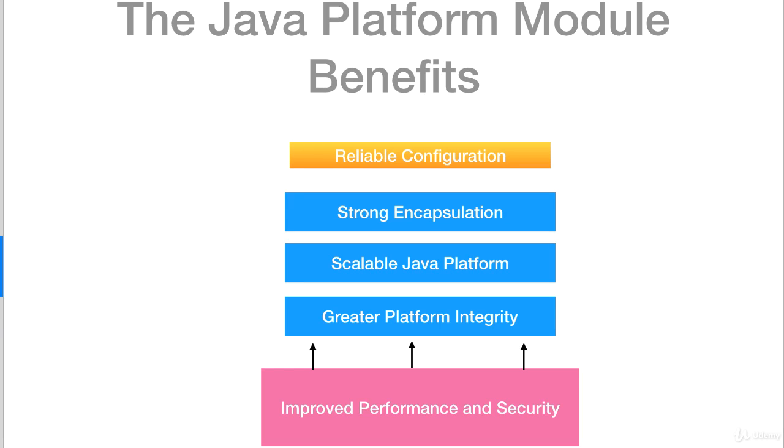The third one is scalability of the platform. When we talk about scalability, we're talking about making things bigger, but this also means making things smaller, because remember, Java not only runs in big systems, Java also runs on mobile devices, on DVD players, on wearables and smaller devices.